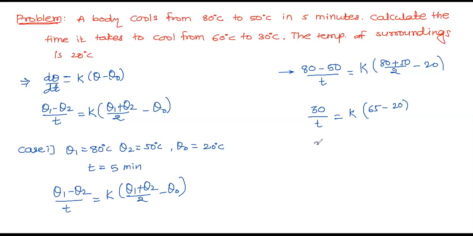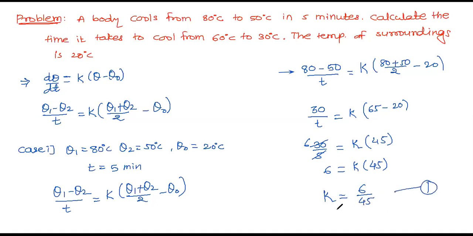Okay. So this is 30 by 5 is equal to k into, this is how much? 45. Right? Check. So 6 is equal to k into 45, and therefore I am getting k is equal to 6 by 45. Call this equation number 1.